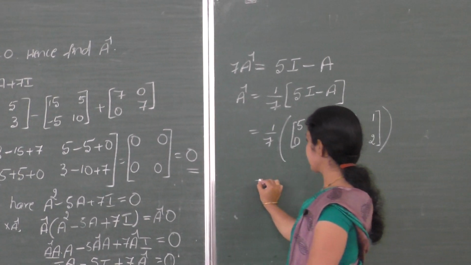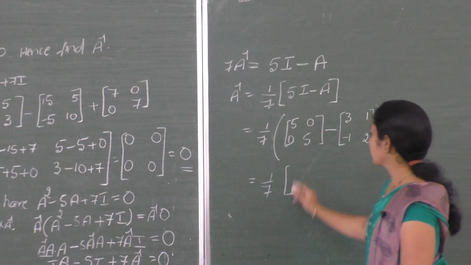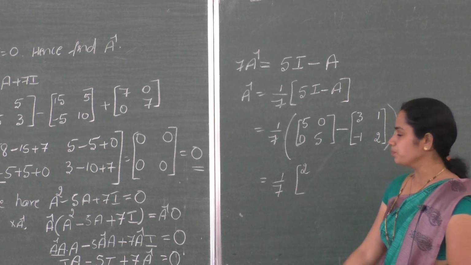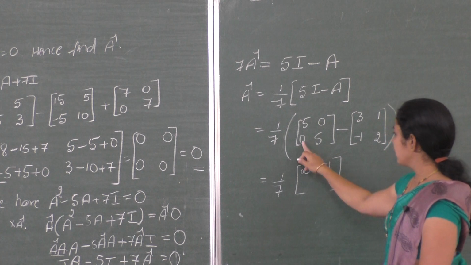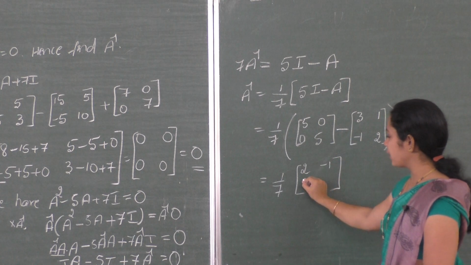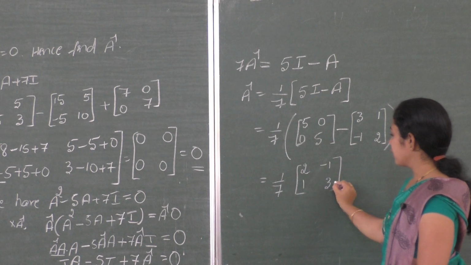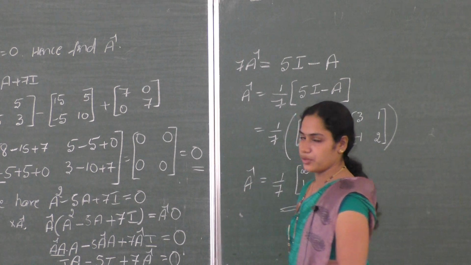Now this is equal to 1 by 7 into 5 minus 3, 2, 0 minus 1, minus 1, 0 minus of minus 1 plus 1, 5 minus 2, that is 3. This is the value of A inverse.